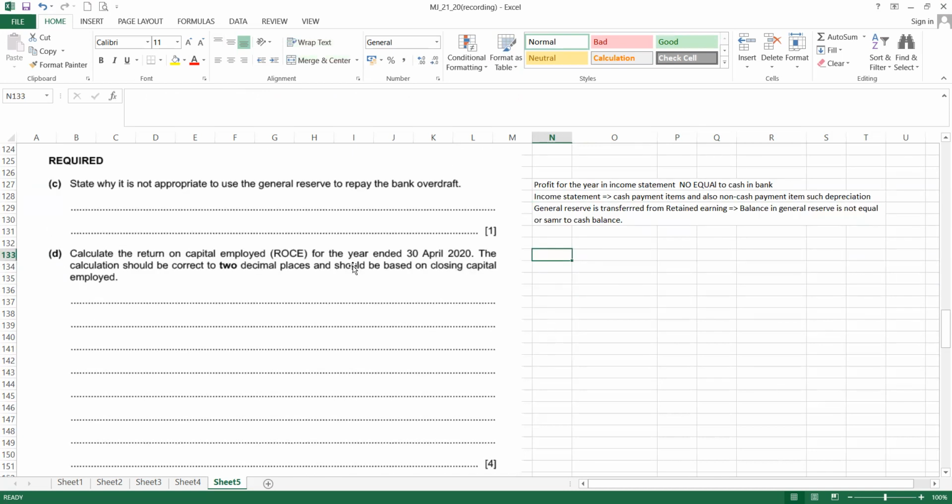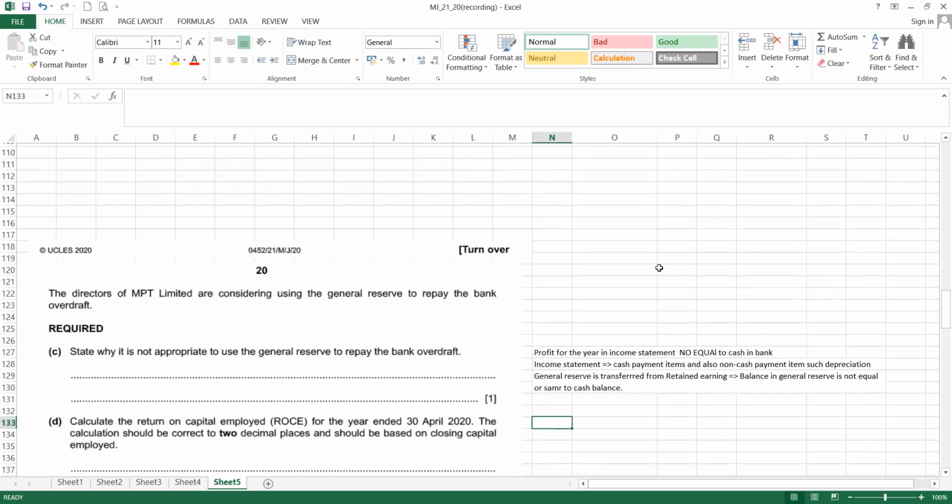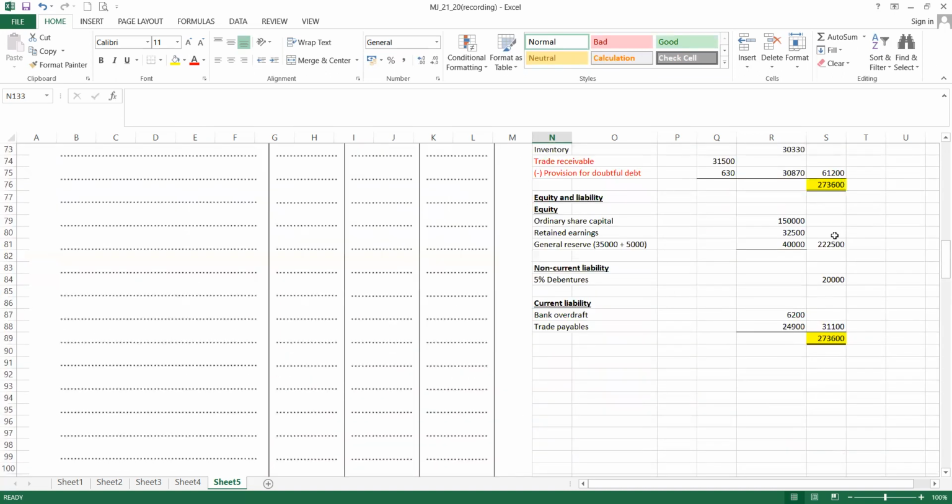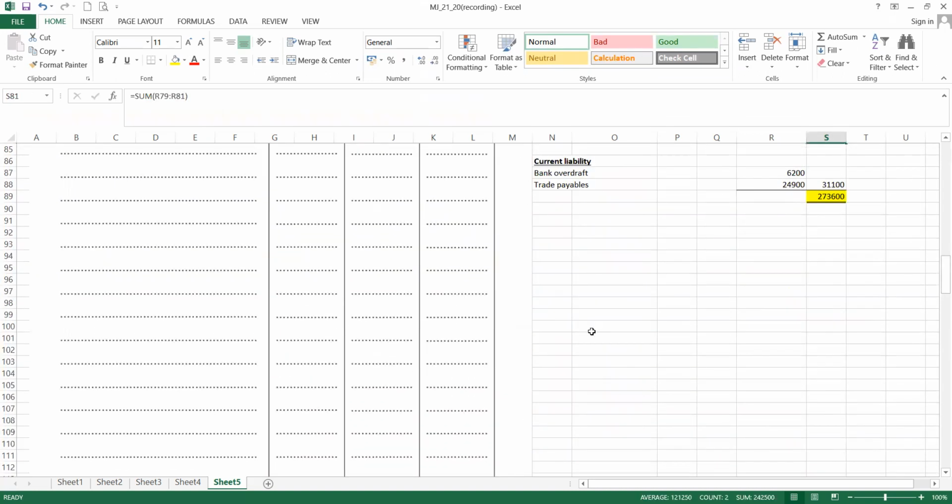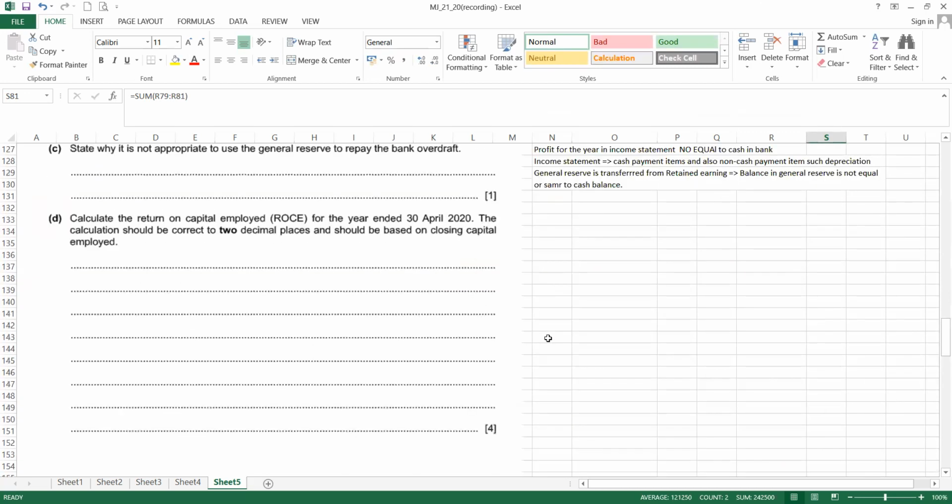Okay, let's continue. D. Calculate the return on capital employed for the year ended April 30th 2020. The calculation should be correct to 2 decimal places and based on the closing capital employed, which means we take these two amounts for the calculation.